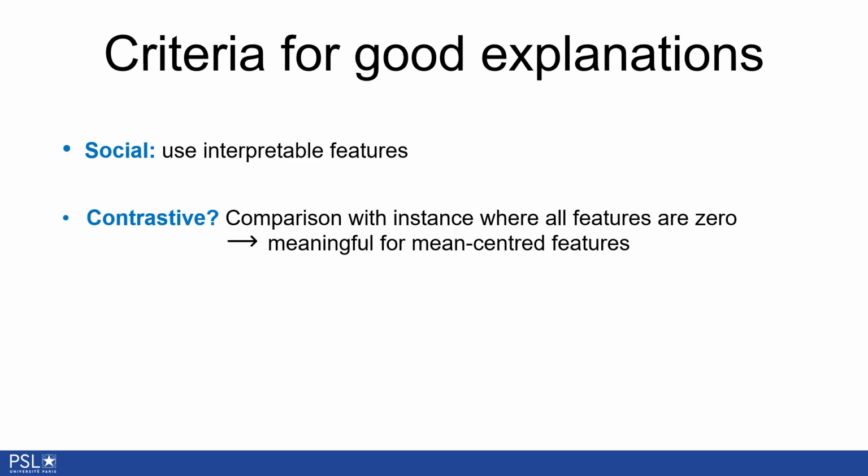For continuous features, this point of comparison is meaningful if the data was mean-centered, because in that case, the instance with all features 0 is precisely the mean of the dataset. For categorical features, using a 0-1 one-hot encoding for inputs makes models particularly contrastive, as we can compare the outputs when adding or removing inputs.